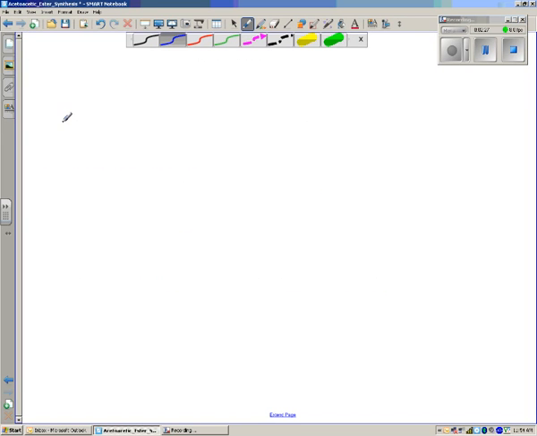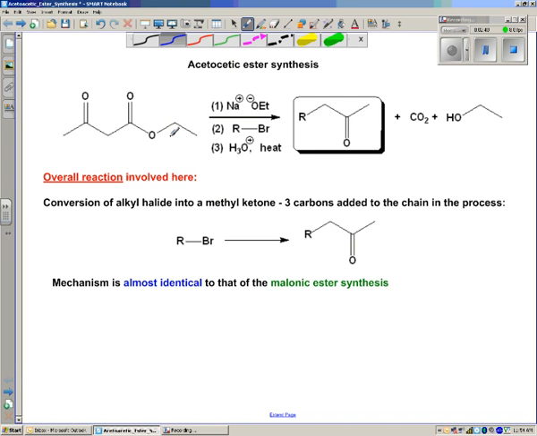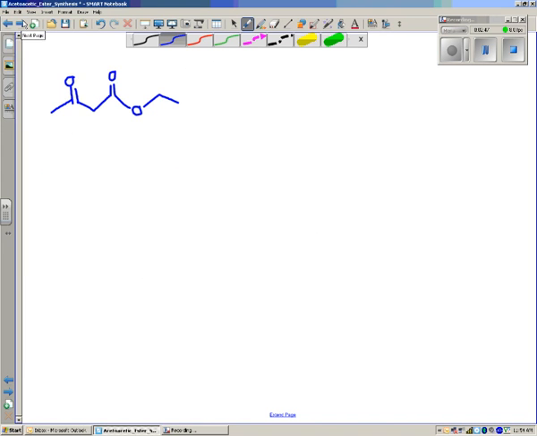So I'm not going to spend a huge amount of time on it, but let's draw out our acetoacetic ester. That's this guy. And just as the malonic ester synthesis always started with that molecule called malonic ester, this acetoacetic ester synthesis always starts with this molecule.